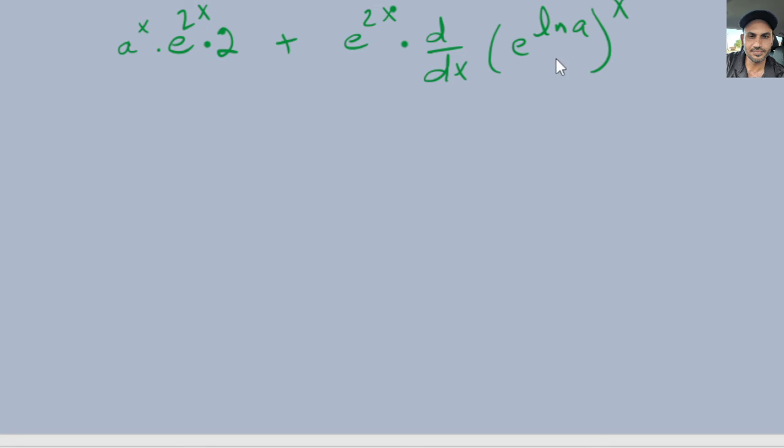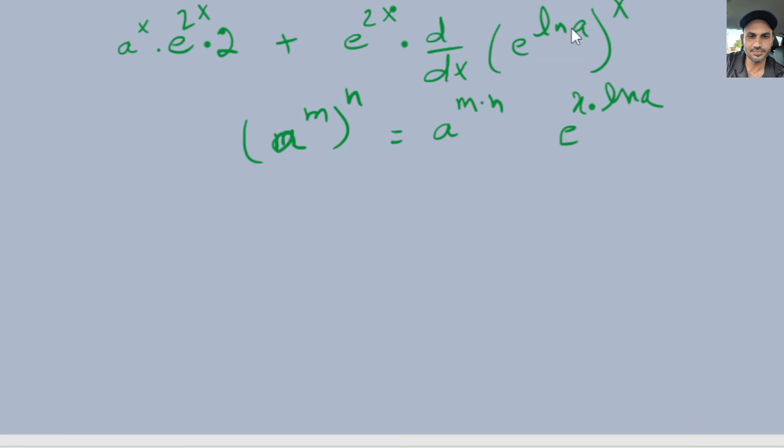So now I'm going to use a property of exponents here. If we have a raised to the m power, and that's raised to the n power, so we have a to some exponent raised to another exponent, it is going to be just a to the m times n. So similarly, we have e raised to the ln of a, raised to the x, so it's just going to become e to the x times ln of a.